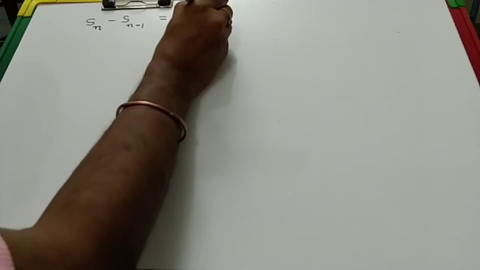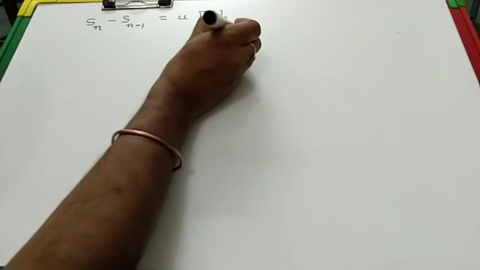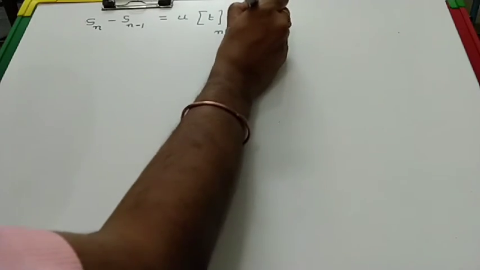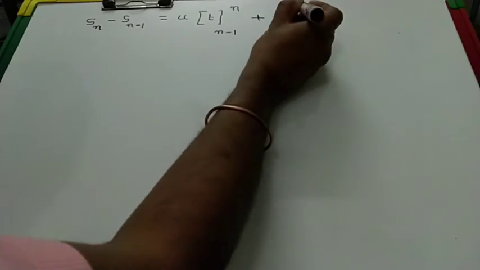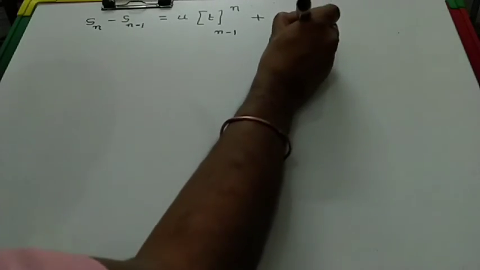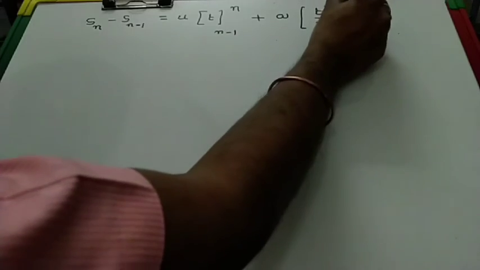Therefore, Sn minus 1 is equal to u into t from n minus 1 to n, plus a into t square by 2 within the limits. Lower limit n minus 1, upper limit n.